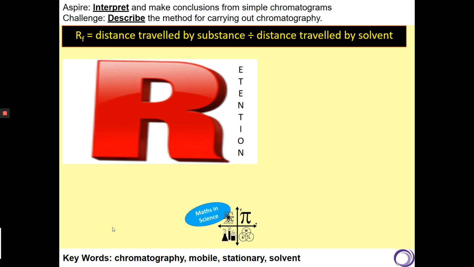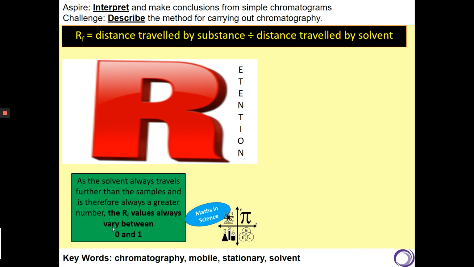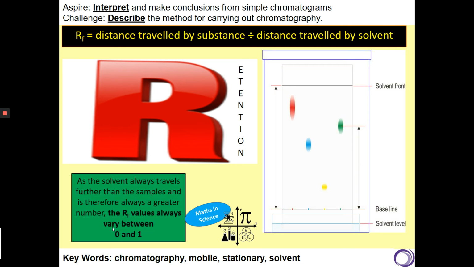Right, so we take some measurements with these, and it's called the retention factor, or the RF value. The way that we work this out is that we measure the distance travelled by the substance, and we divide it by the distance travelled by the solvent. RF values vary, and they will be specific for each substance, but they will always be between 0 and 1.